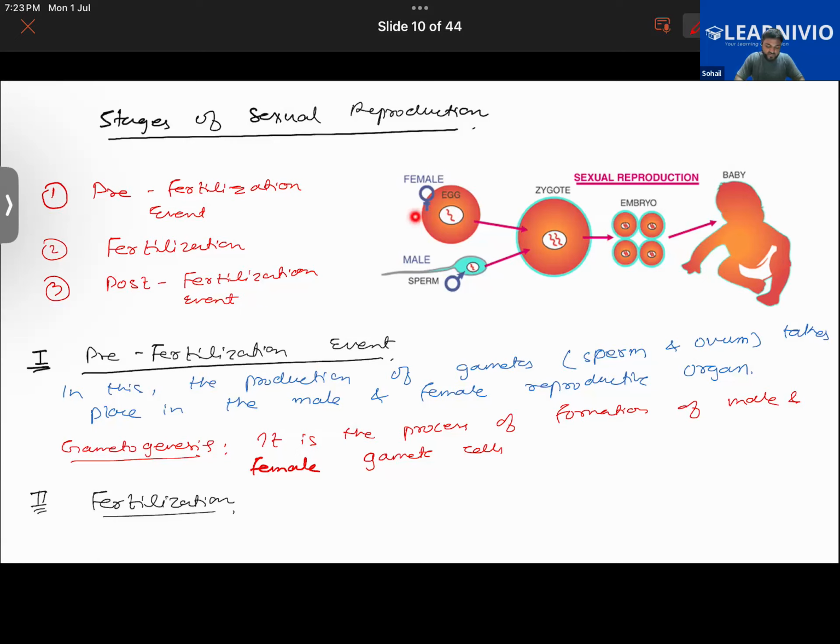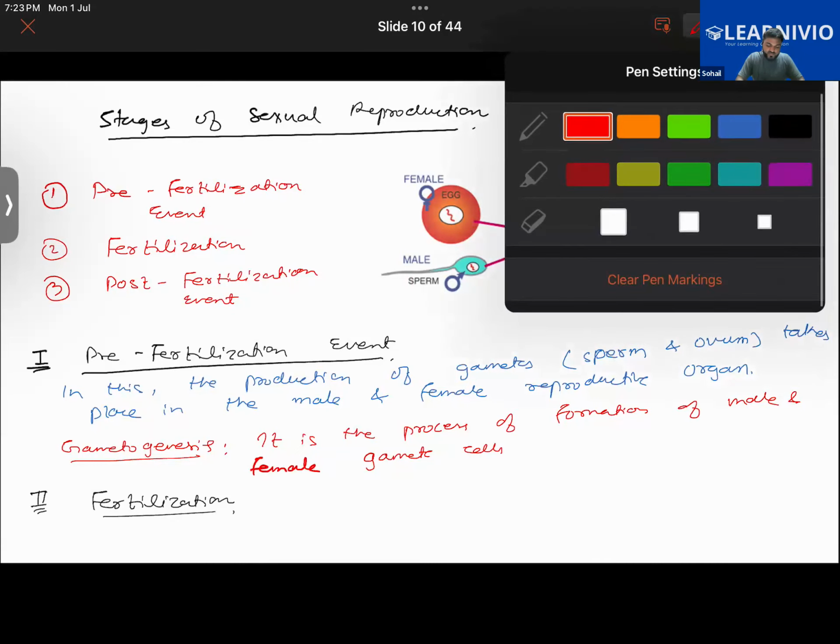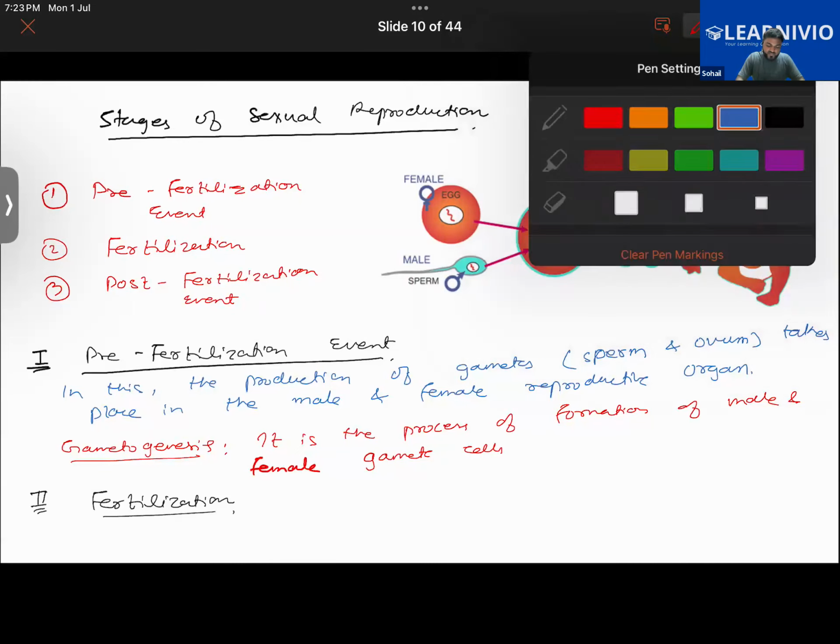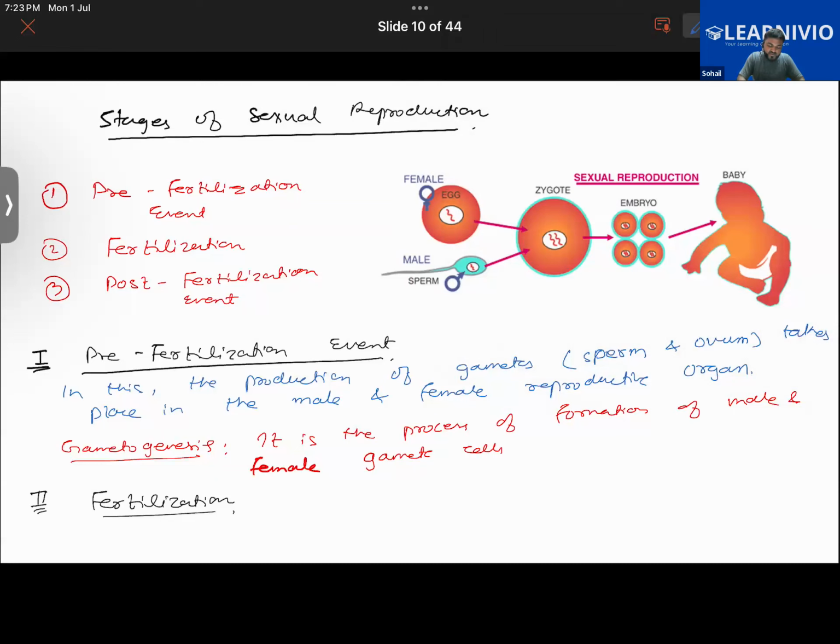As you can see over here, the female and the male sperms are fusing together to form a zygote. Previously we learned that the number of chromosomes in an ovum is 23, and in a sperm is also 23. When they fuse, 23 plus 23 would be how much? It would be 46.